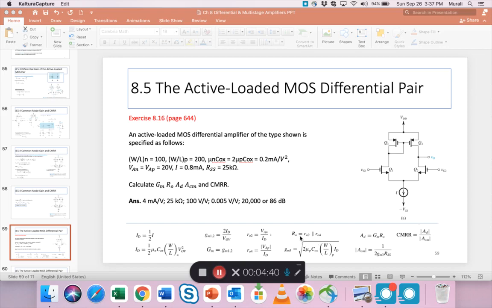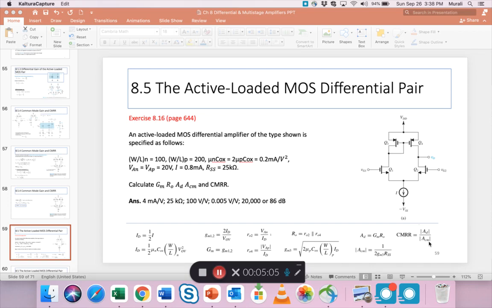Then you need the output resistance Ro, so that's the parallel combination of ro2 and ro4. You need gm3 because you need gm3 here in the formula for the common mode gain. And then of course CMRR is A_d by A_cm.